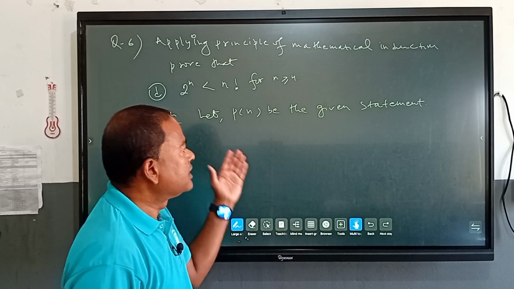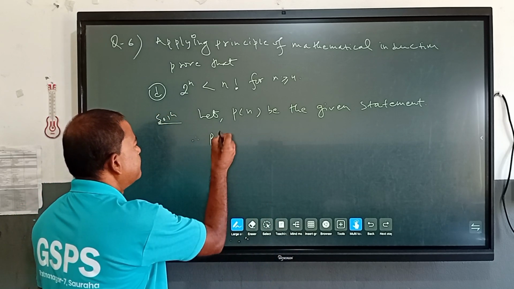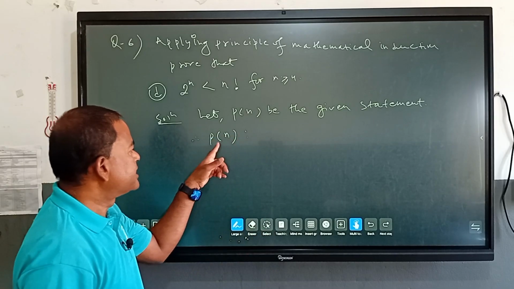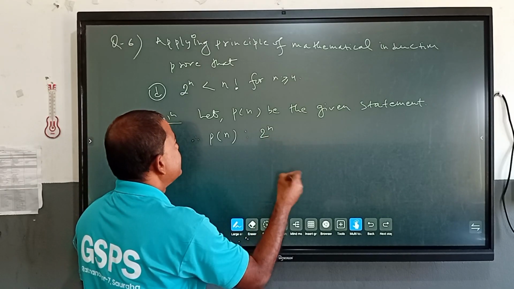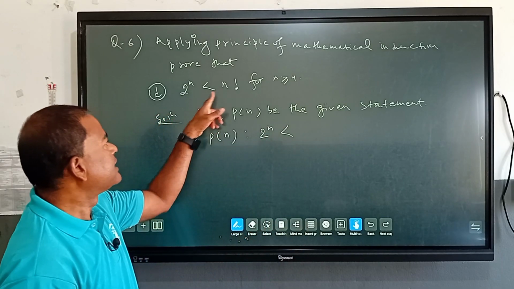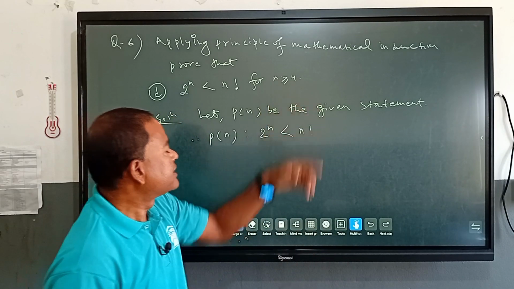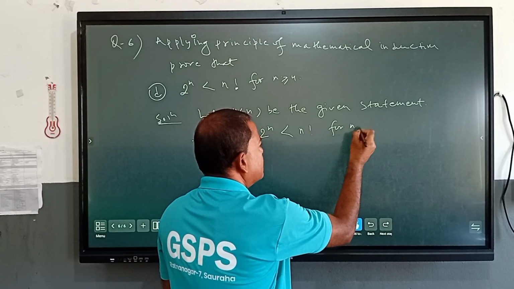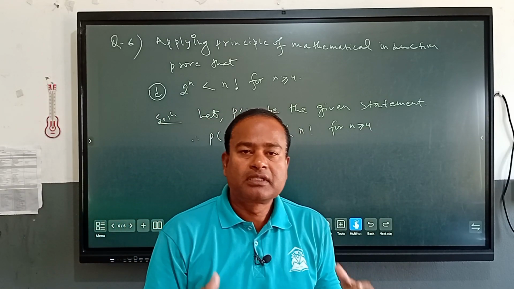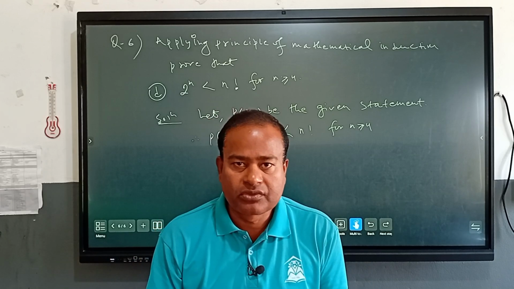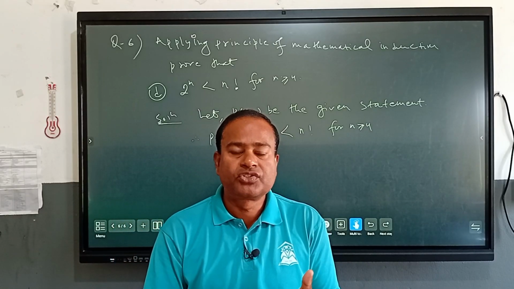Therefore, the given statement Pn shows that 2^n is less than n factorial for n greater than or equal to 4. That means this statement is true for values of n greater than or equal to 4, so we are restricted from taking the values n equals 1, 2, 3.